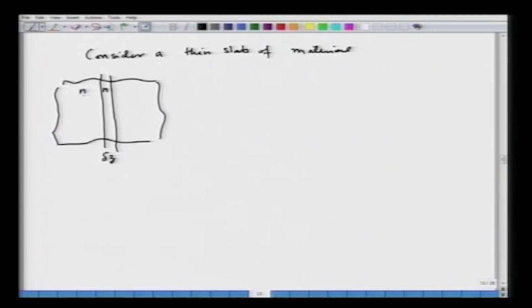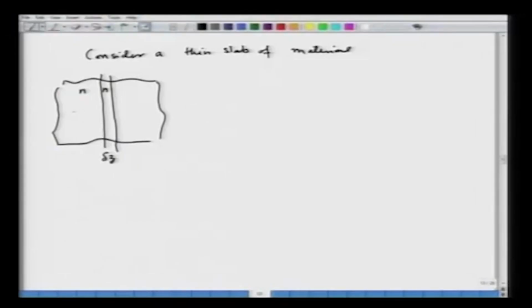The reason I am assuming the bulk and the thin slab to have the same refractive index is that if the refractive index is different, you have some of the light being reflected back. But if I assume it to be the same, I can easily ignore that; there is no reflection, R is 0 here, and then the light will propagate and there will be some absorption here and something will be transmitted. What I am interested in is figuring out what this absorption will be in terms of N and kappa.